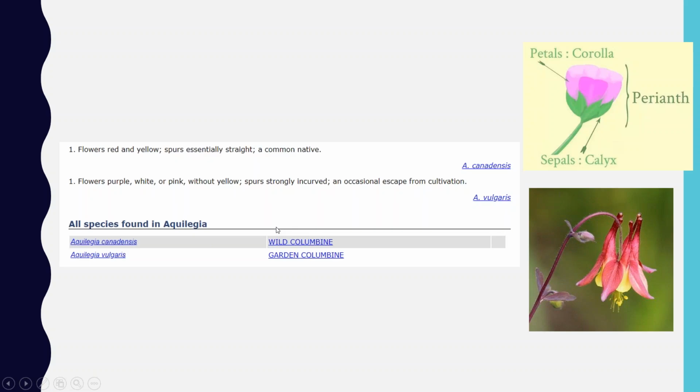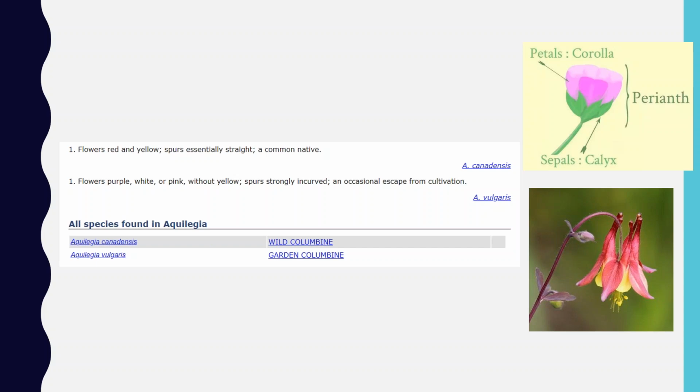Now we flip to that page of the key and we see there's 2 options for this. Is it either flowers red and yellow, spurs essentially straight, or flowers purple, white, or pink without yellow? The flower is red and yellow, which means it's Aquilegia canadensis, or wild columbine. So you see this a lot in the springtime.